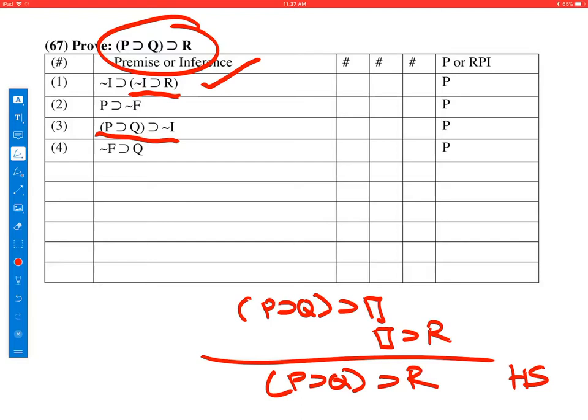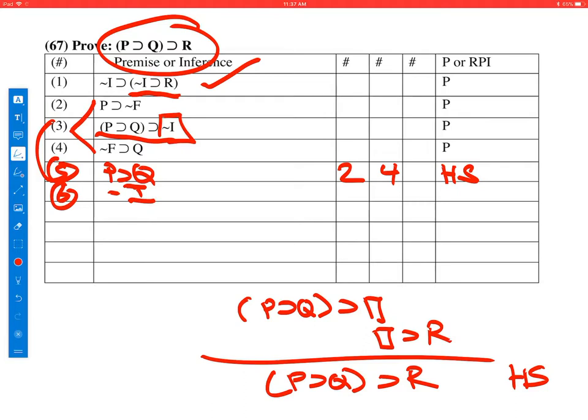Problem is, to get the not I then R, I need a not I. I can get a not I from line 3, if I had a P then Q, which I don't have, but notice 2 and 4 can be put together to make one. P then Q, 2, 4, HS. And then thinking about 3 and 5, I can get not I, 3, 5, modus ponens.